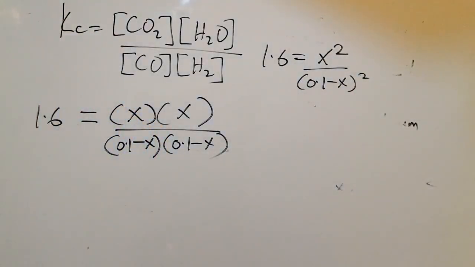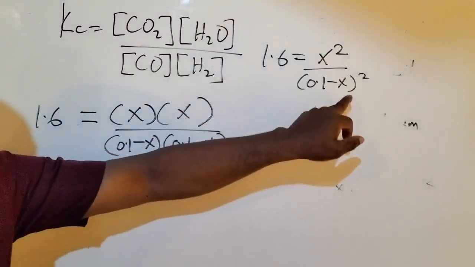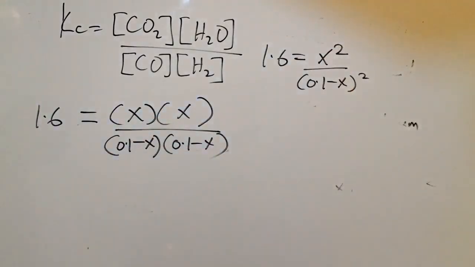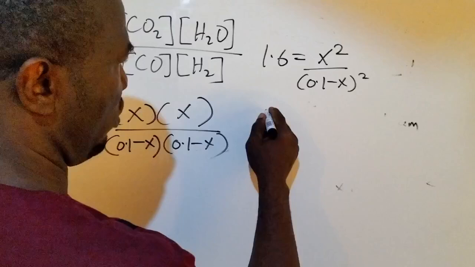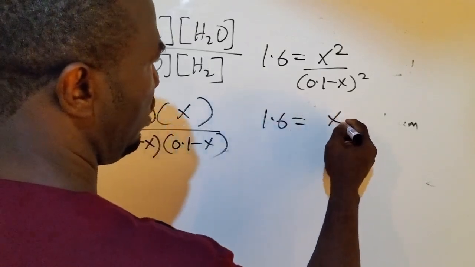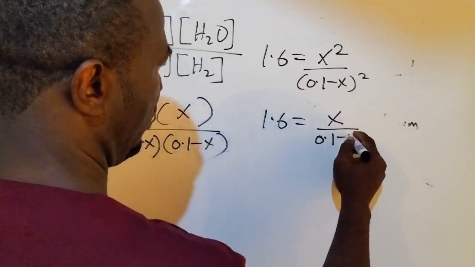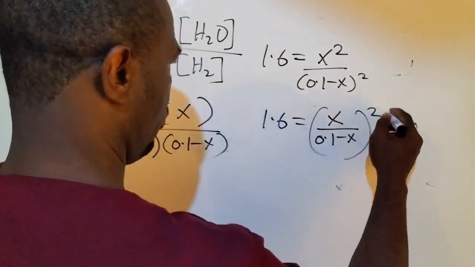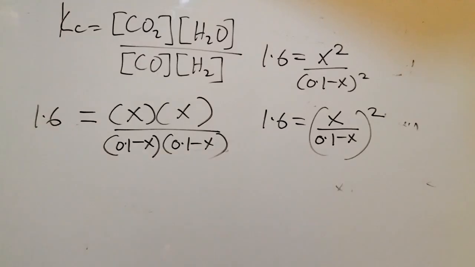Since both the numerator and the denominator are squared, we can include the numerator and the denominator inside the same square bracket. You can say S all over 0.1 minus S, the two of them squared. So how do we unsquare the right hand side? We take the square root of both sides.